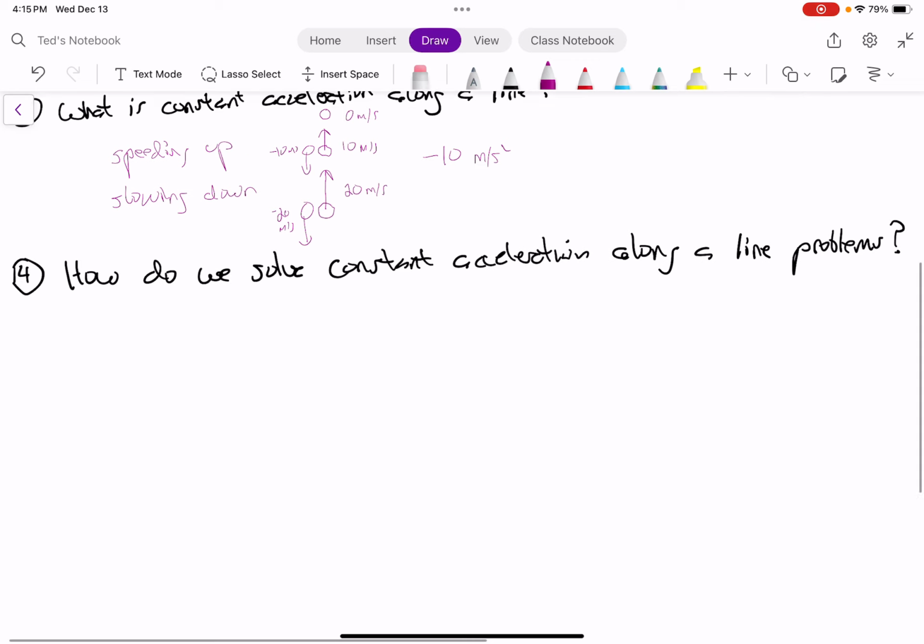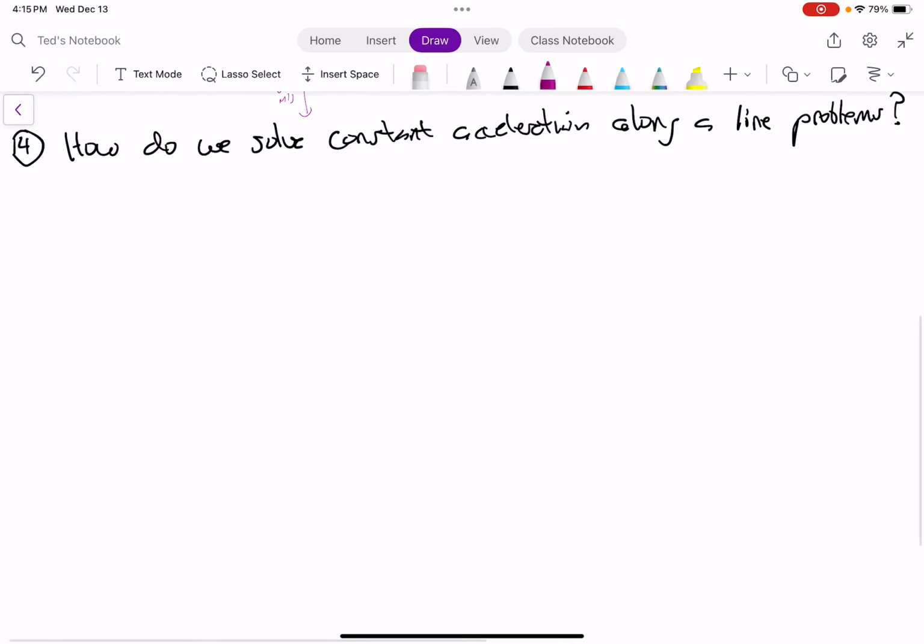Okay, so how do we solve problems with constant acceleration? To solve a problem with constant acceleration, there are 5 quantities that we are interested in. We would like to know the displacement of the object, and that is how far has it moved during the constant acceleration.